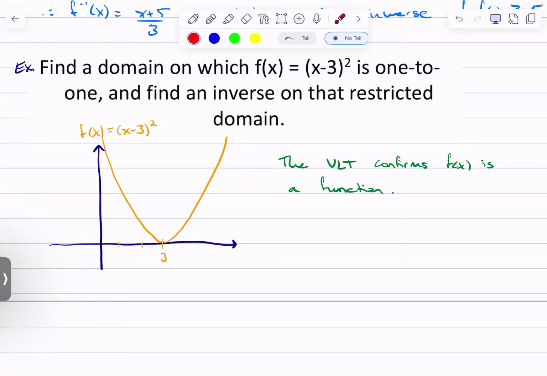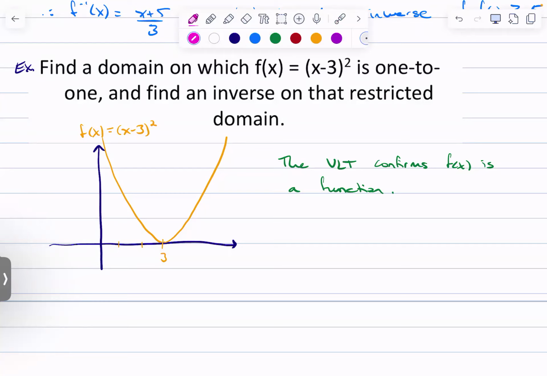What's the problem though? Then I move on to the horizontal line test. And I cross the graph twice in almost every spot except for 3, right? And so that means it's not one-to-one. But what we do in that case is we just restrict the domain so that it is one-to-one.